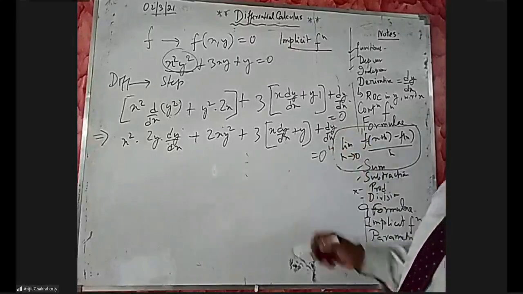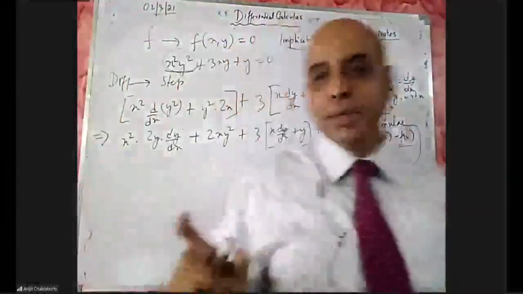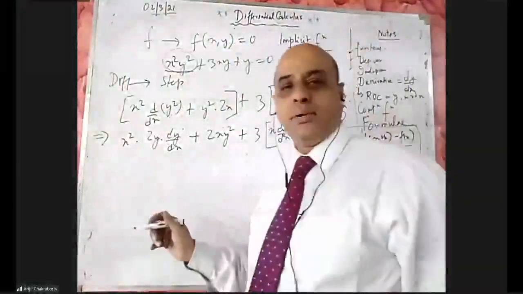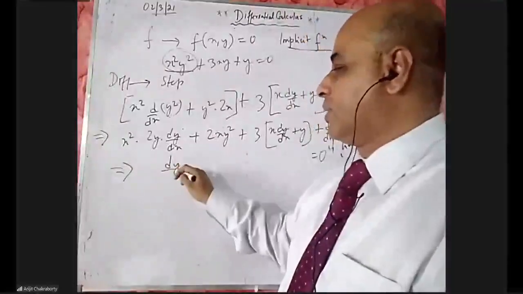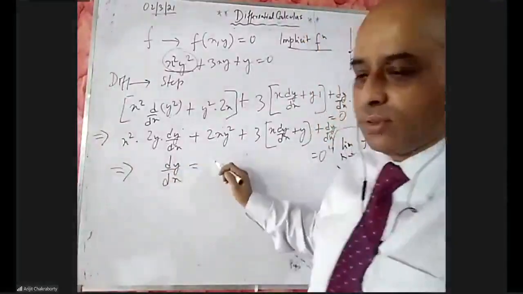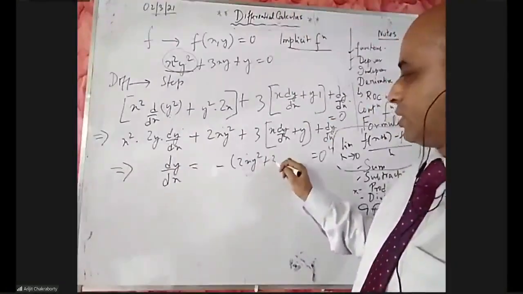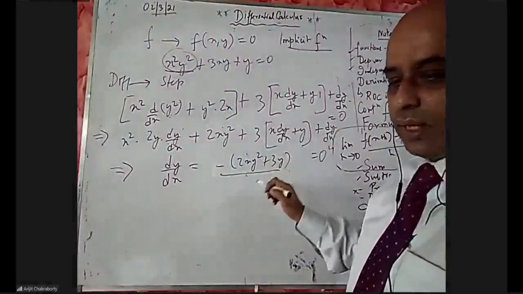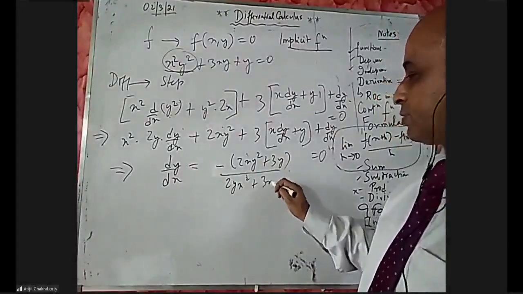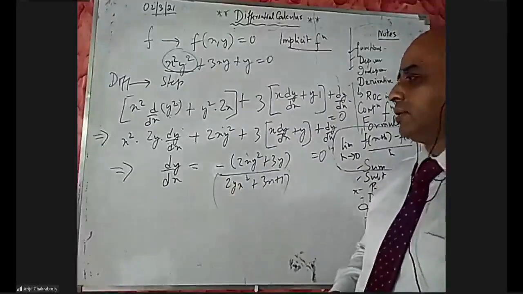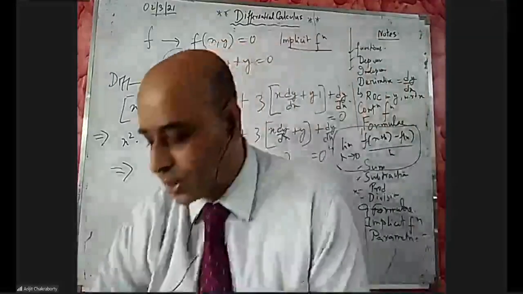This is equal to 0. If you simplify, you will not get a very good round figure or an easy looking answer. If you simplify, you will get dy by dx is equal to minus (2xy squared plus 3y) divided by (2yx squared plus 3x plus 1). Okay. So this is implicit functions, how to differentiate implicit functions.